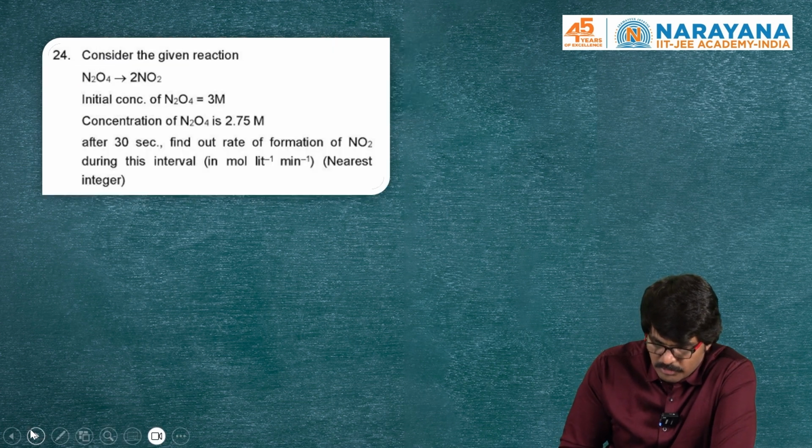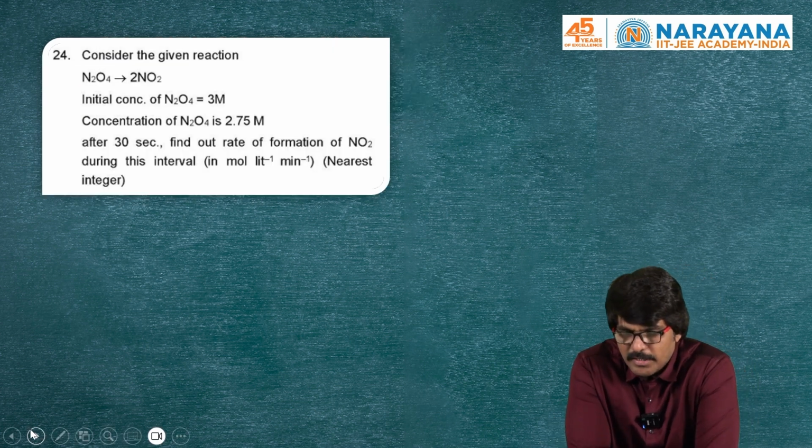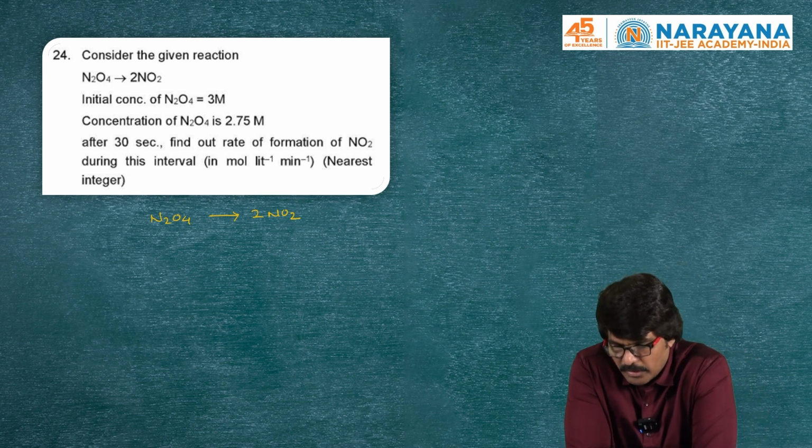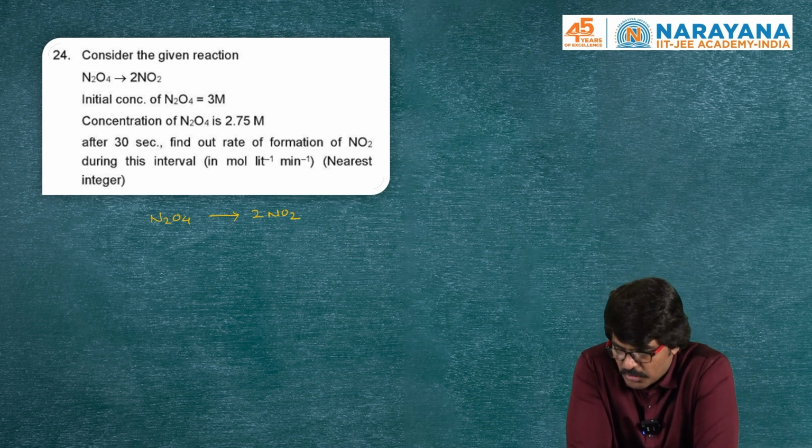So let us move on to the next question and consider the given reaction. N2O4 is undergoing decomposition to NO2. A dimer of nitrogen dioxide, that is N2O4, is undergoing dissociation, and that is giving 2 moles of NO2.